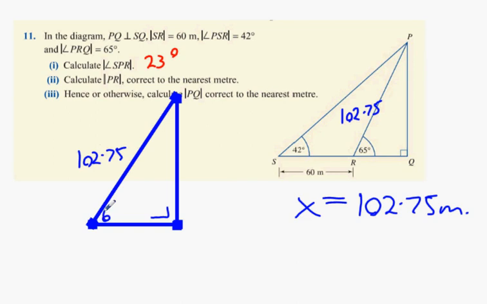That's 102.75. That's an angle of 65. It wants you to find the opposite or the adjacent. Call the opposite y. We already have a value. So we have the hypotenuse. We're looking for the opposite. What function should I use? Sine. Sine 65 equals opposite over hypotenuse.